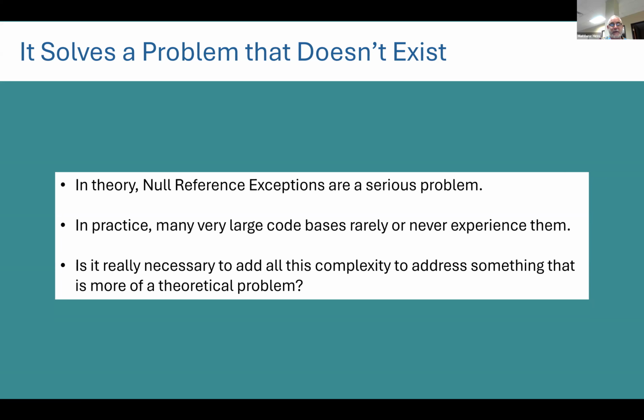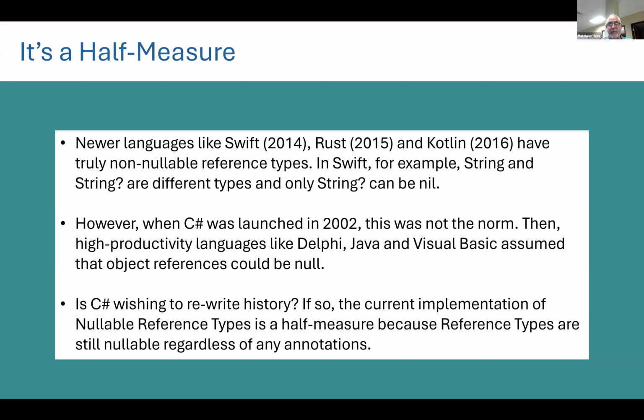The reality, though, is that when C# was launched back in 2002, that was not the norm. Back then, all the revolutionary high productivity languages like Delphi, Java, and Visual Basic, they all assumed that object references could be null.